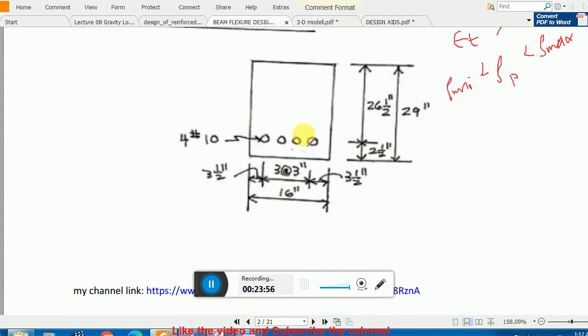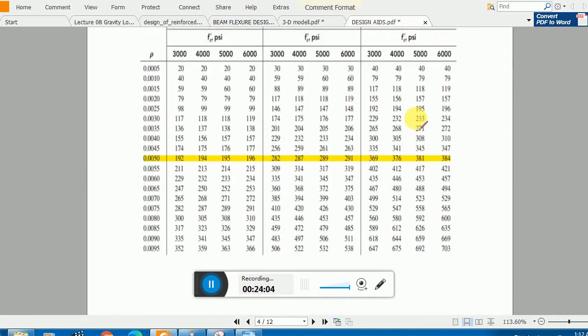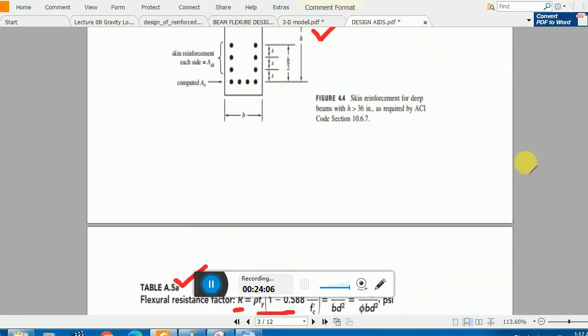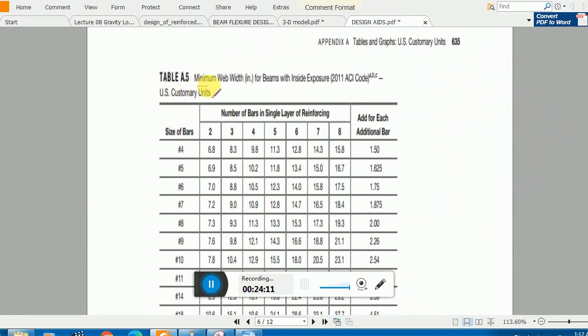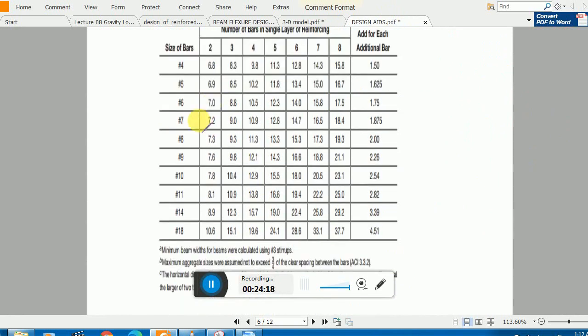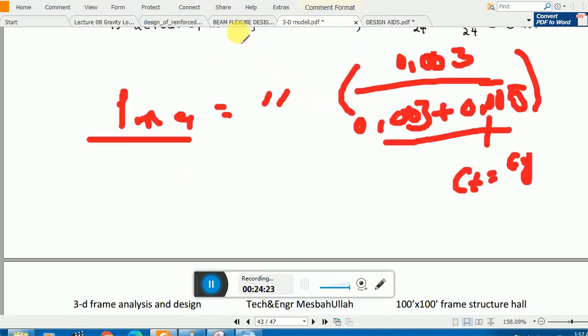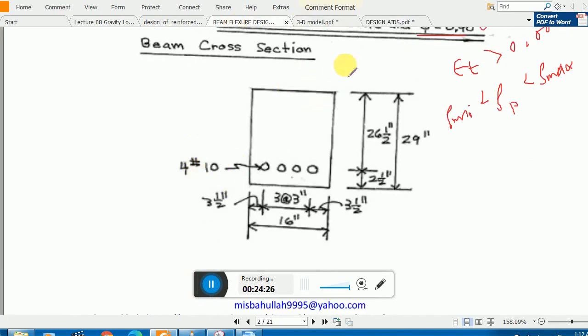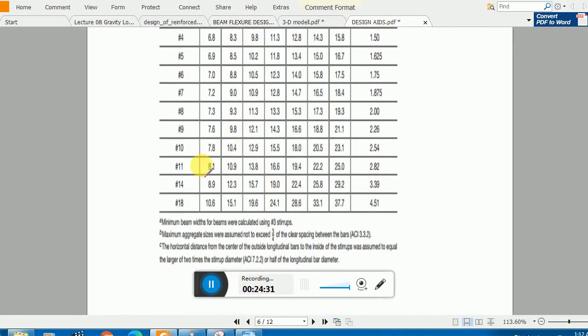Again I have to check the minimum width, and I already added this in my table as well. This is the minimum width in inches for beams with inside exposure. Remember this is ACI. If you are using number 10 bars, let's say number of bars in a single layer, here I'm using 4 number 10 bars.